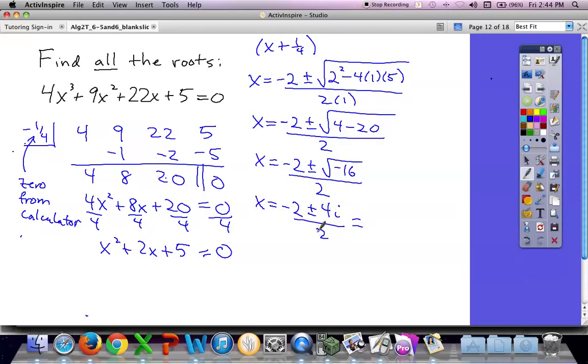And because the 2 divides evenly into 2 and into 4, you get negative 1 plus or minus 2i. Again, it was a cubic, so we expected 3 zeros. We found the rational zero in the calculator, negative 1/4. We confirmed it. And then we used the reduced polynomial in the quadratic formula, and we found the last 2.